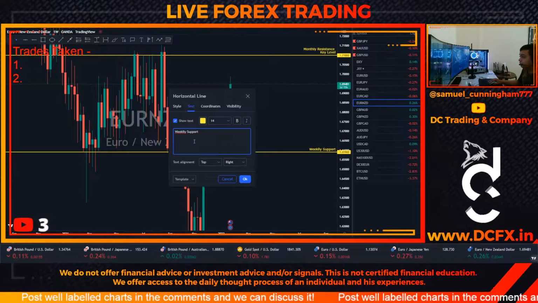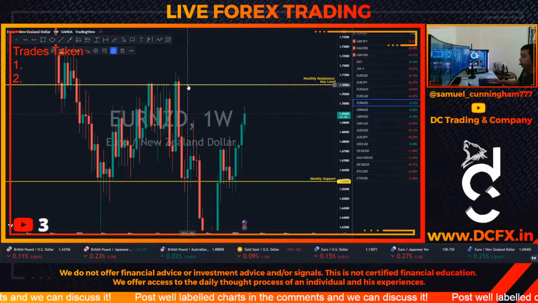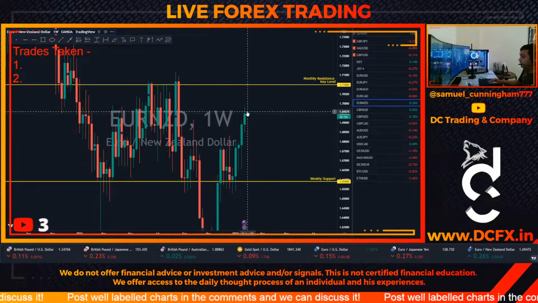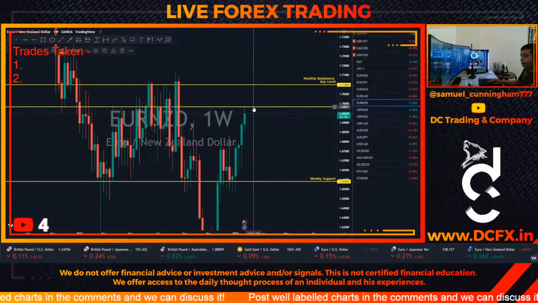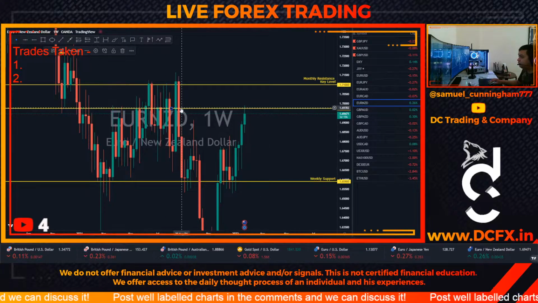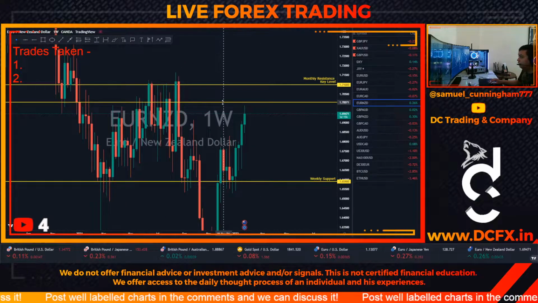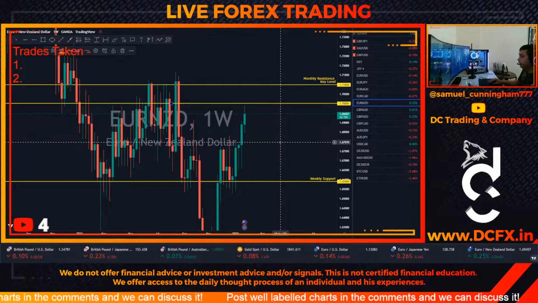Weekly support. We have our weekly resistance coming up there. I'd actually say this is our weekly resistance, right over here on this level. Weekly resistance and key level.